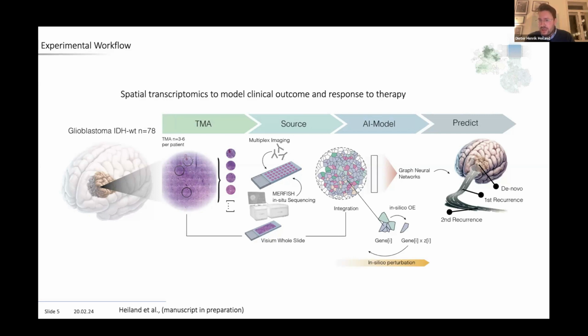We put these data together, and then use deep learning approaches to differentiate the temporal trajectory of these tumors. By having these trained networks, we can then do in silico perturbations or simulation experiments to really model differences that appear from the shift from a primary to a recurrent tumor.